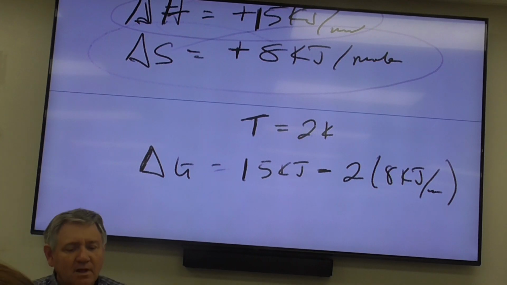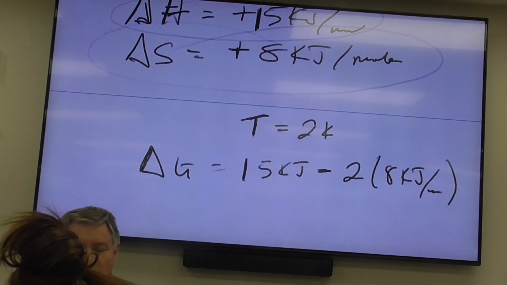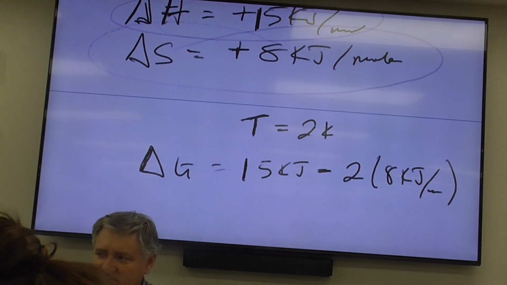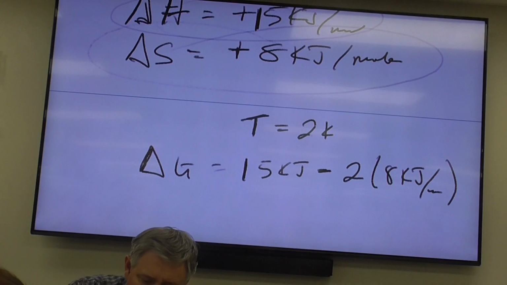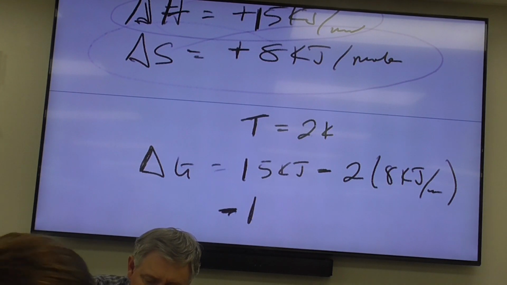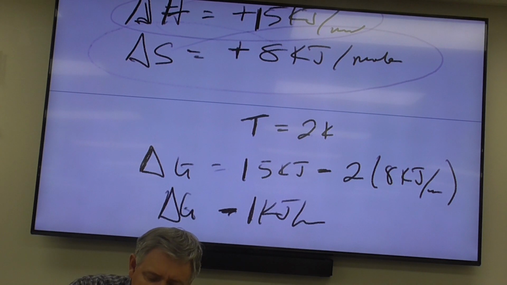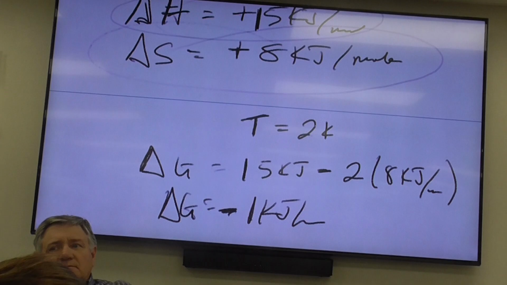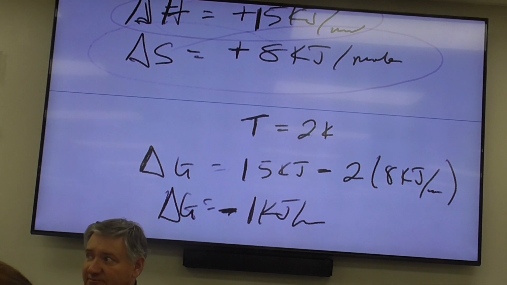So if I do this, what am I going to get for my delta G value? 15 minus 16, I'm going to get -1. Is this reaction going to be spontaneous? Yes. Okay? Because I'm going to get a negative G value.